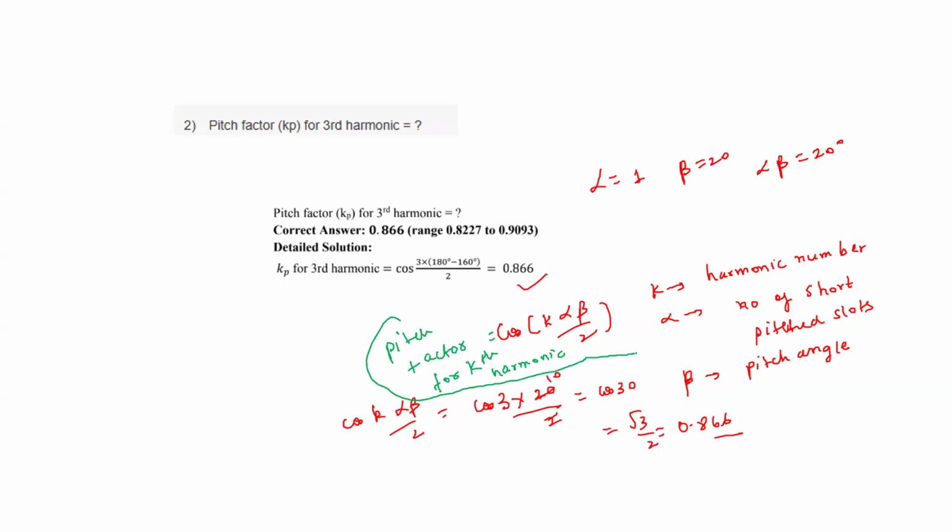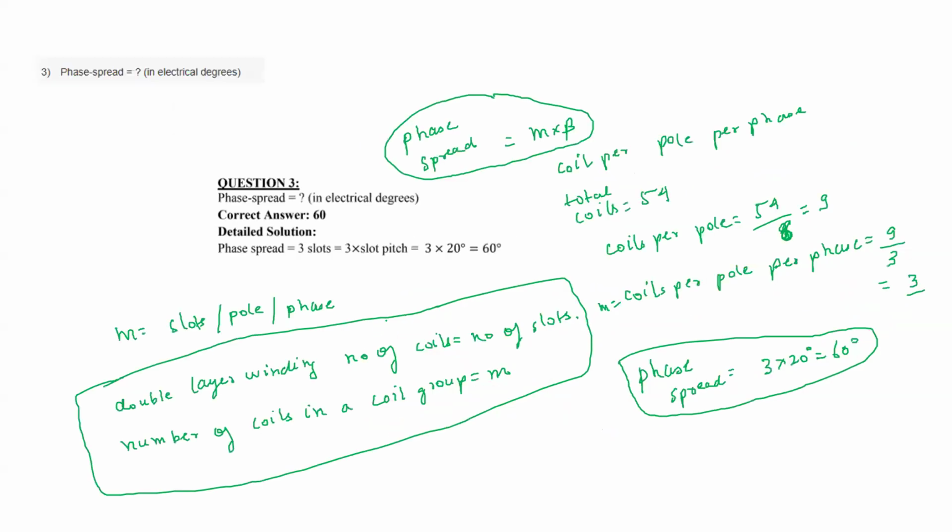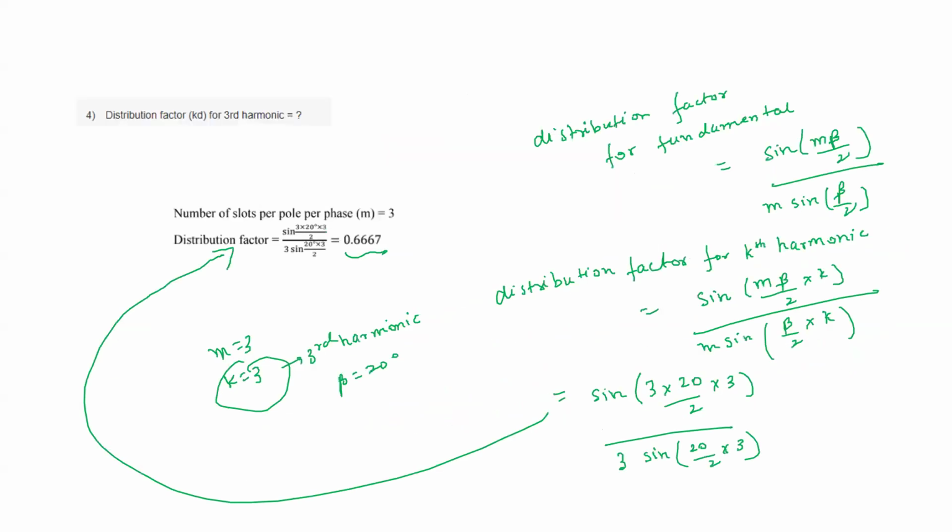This week is just a continuation of last week, so you will see that various questions are similar. You also know how to find the phase spread, and this is the distribution factor formula.